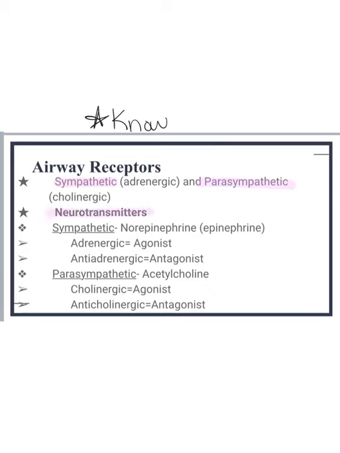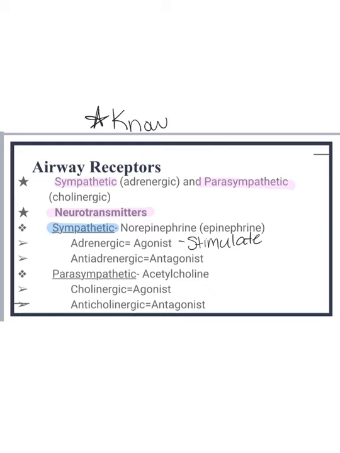So you have sympathetic, so fight or flight. And this neurotransmitter is going to be epinephrine or norepinephrine. And if a drug is adrenergic, it's an agonist. So it's going to stimulate the sympathetic receptors.